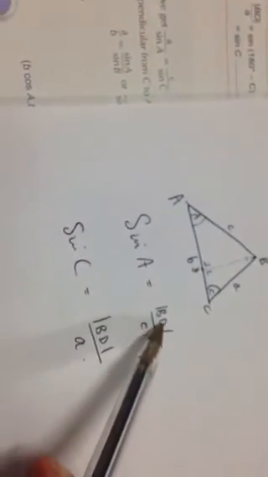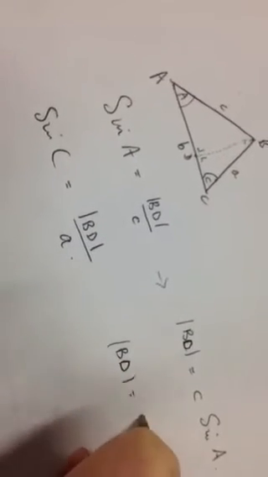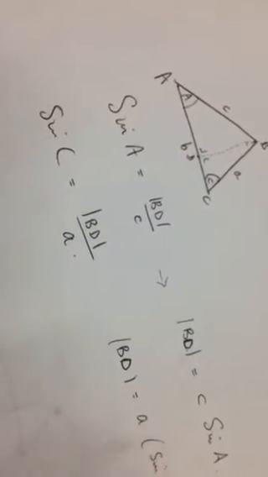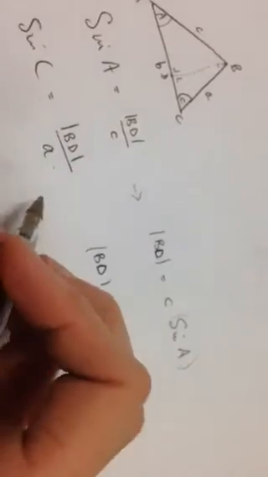Now, I can move this around and know that BD is equal to C times sine A. So the top one here, I can just manipulate it and know that that's C times sine A. And similarly here, I know that BD is also equal to A times sine C. If that's equal to that and that's equal to that, well then that's equal to that.